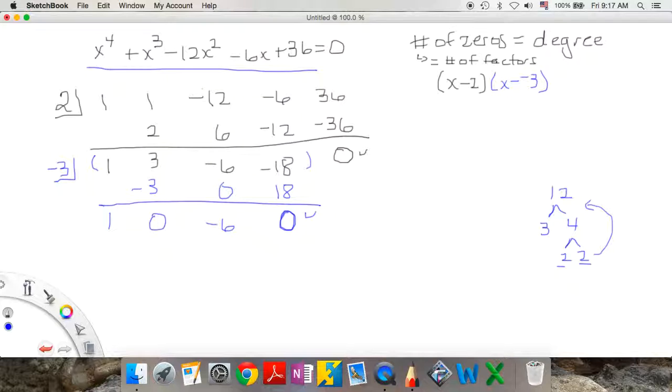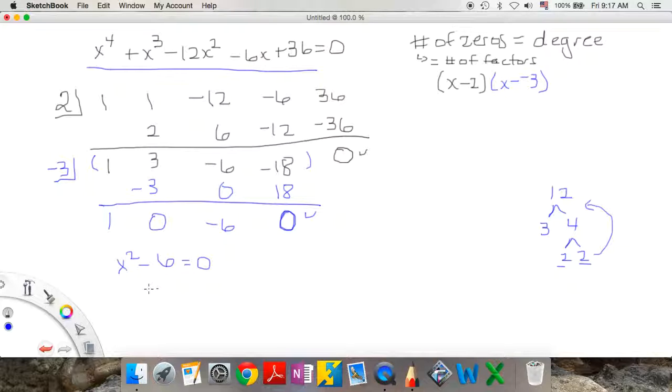What we did was take this one and break it down into x minus 2 times this one we had here, x cubed plus 3x squared minus 6x minus 18. And now we are factoring this one down, so its factors are also factors. So we've got x squared minus 6 in this case. Now, that doesn't factor evenly without using square roots.